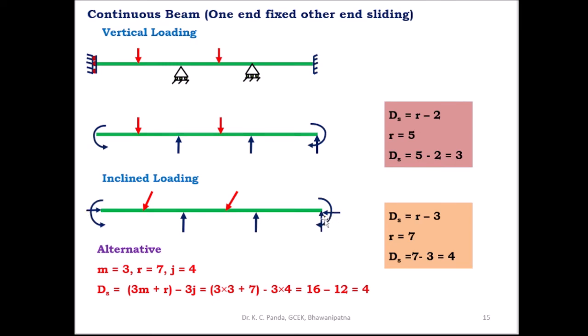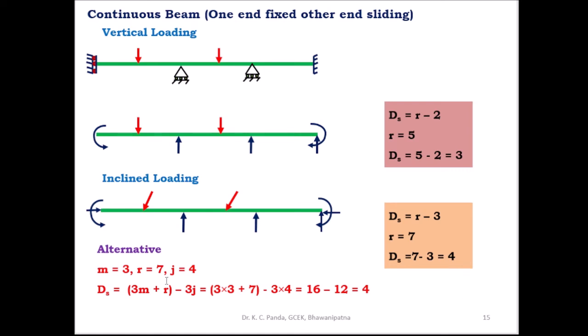Similarly, at the fixed support there is a horizontal reaction component, vertical reaction component and also moment. The total number of reaction components in this case is 2, 3, 4, 5, 6, 7, so r is equal to 7. In this case the degree of static indeterminacy can be found using this expression, ds is equal to r minus 3, and r is equal to 7. So ds is equal to 7 minus 3, which is equal to 4. So when the continuous beam is subjected to inclined loading and one end of the continuous beam is sliding and the other end is fixed, in this case the degree of static indeterminacy is equal to 4.